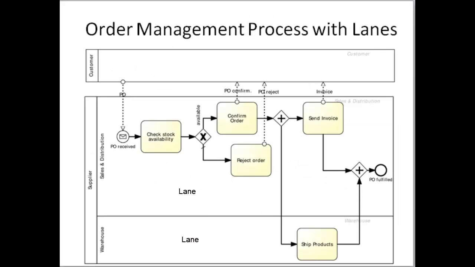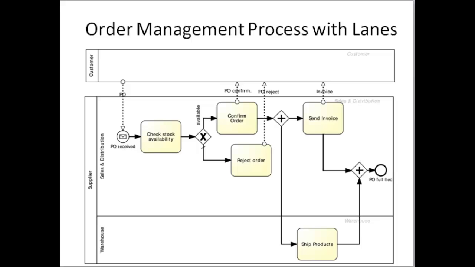Let's look at the use of lanes within the order management process. The process now includes two departments within the supplier organization. The purchase order received by the sales and distribution department has to be checked against the stock.